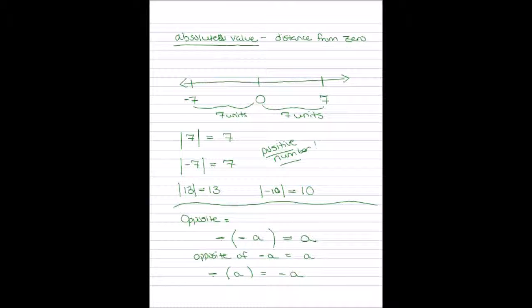So all these variables, let's put numbers into this to make it a little bit friendlier. If I had the opposite of negative 7, this is going to be positive 7. Negative, negative come together, positive. Let's say if I had the opposite of negative 4.